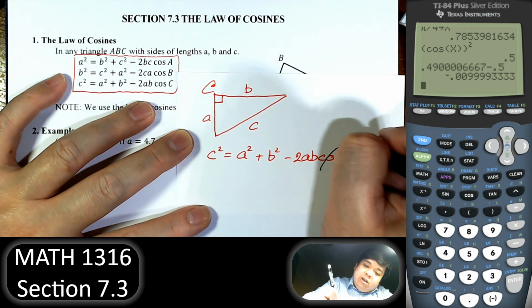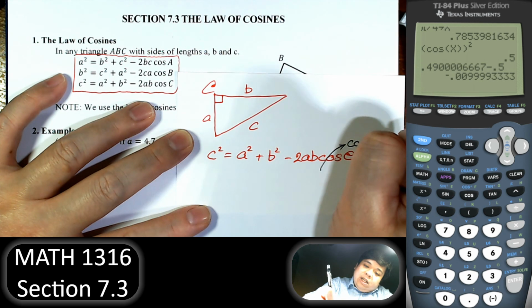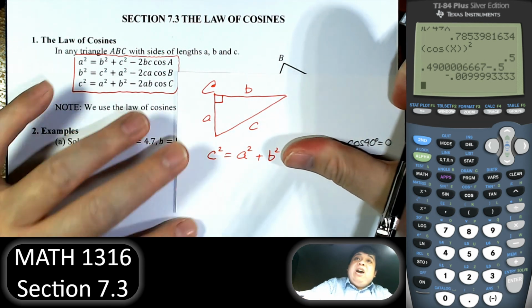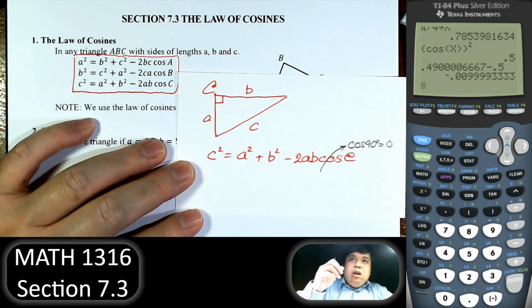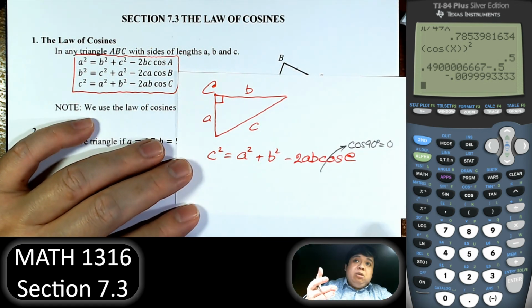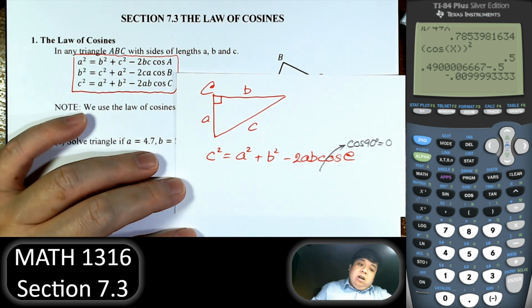Cosine of 90 degrees is equal to 0, so that's why we don't have that term, and that is the Pythagorean theorem. So the Pythagorean theorem is a special case of the law of cosines.